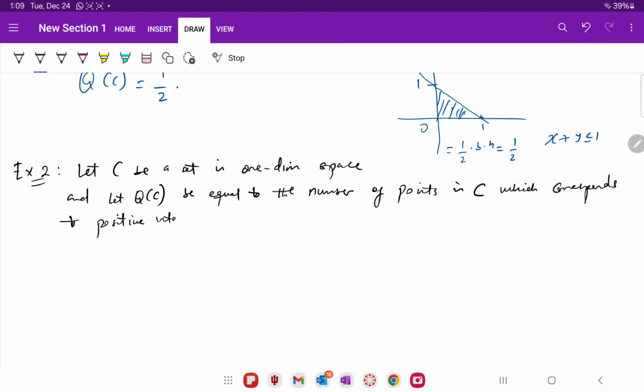So take note of that condition, positive integer. Then we can say that our K of C is a set function.